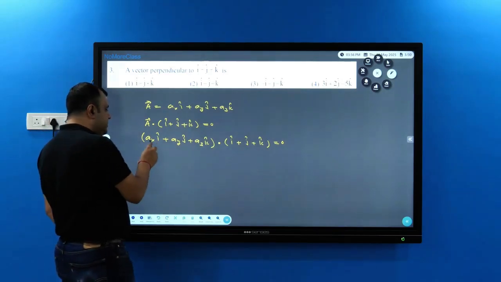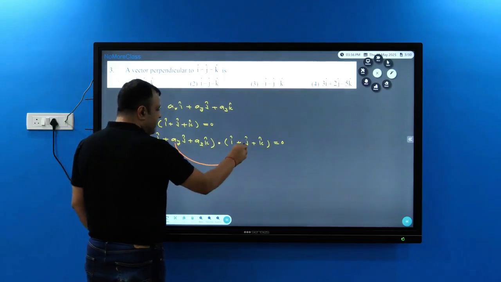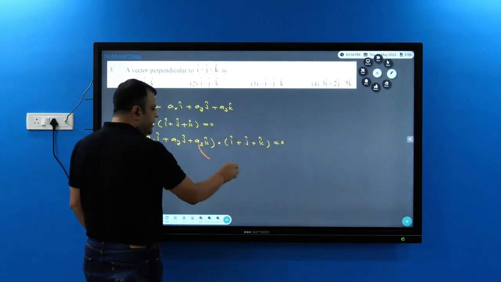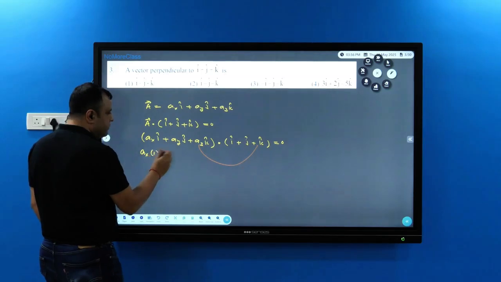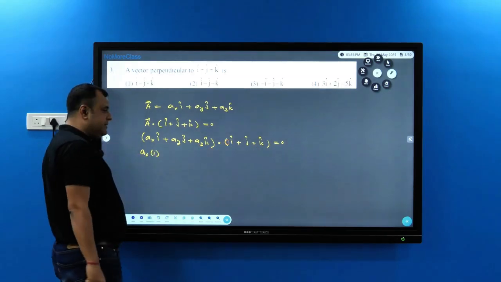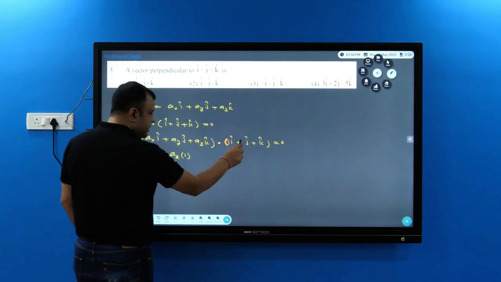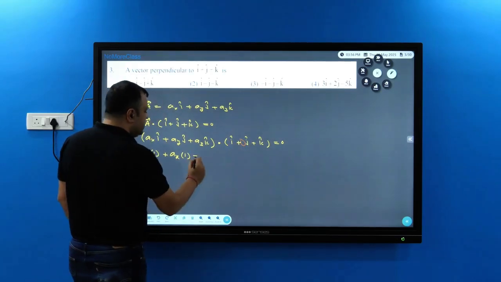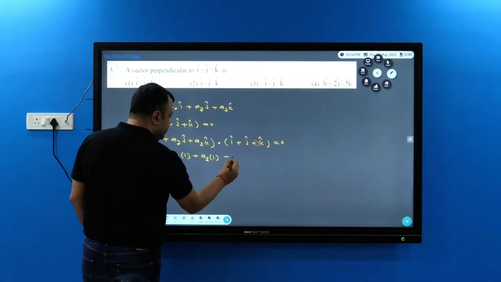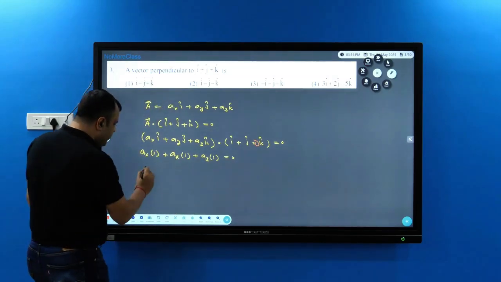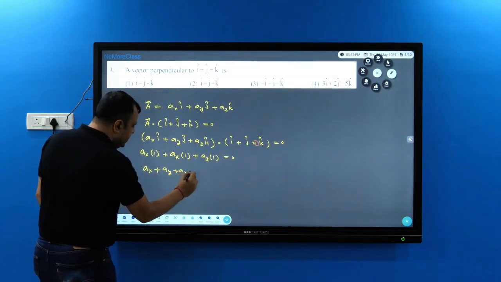Dot product means Ax with the x component, Ay with the y component, Az with the z component. So we have Ax into 1 plus Ay into 1 plus Az into 1 equals 0, and we are getting Ax plus Ay plus Az equals 0.